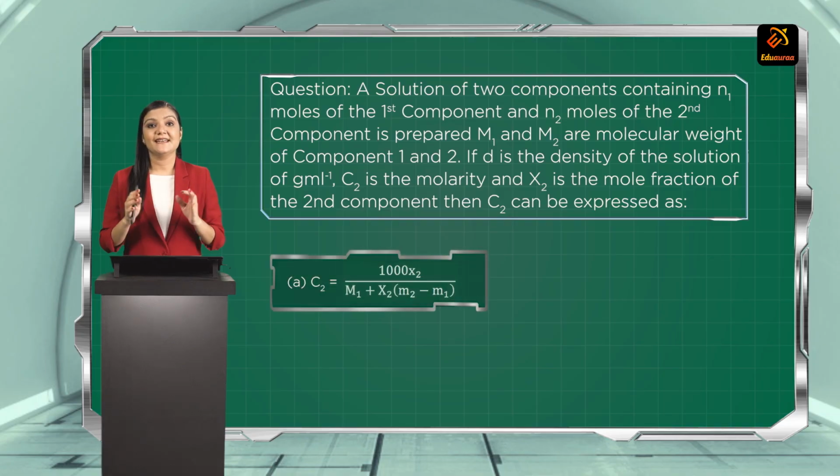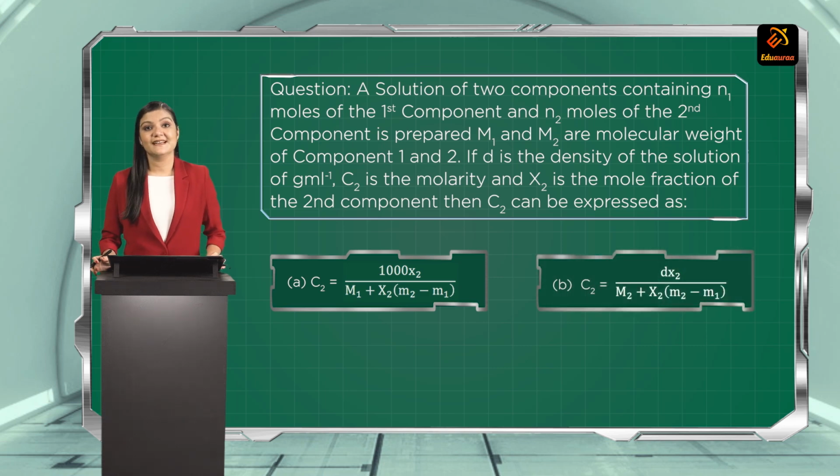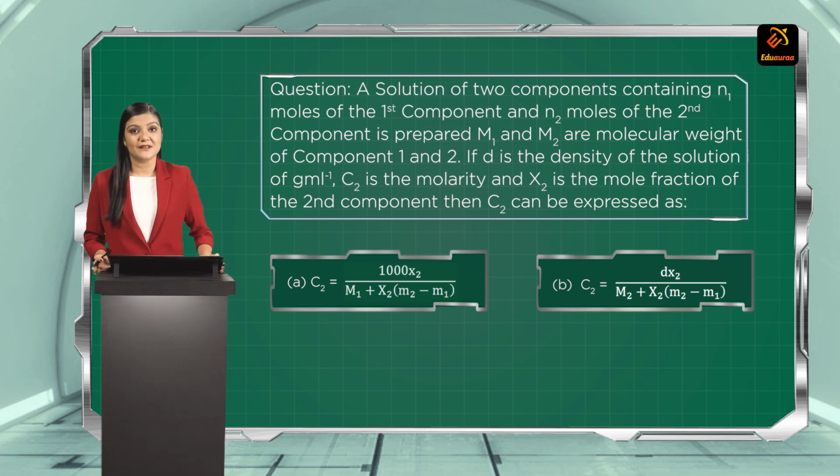Option A, C2 is equal to 1000 x2 divided by M1 plus x2 (M2 minus M1). Option B, C2 is equal to d x2 divided by M2 plus x2 (M2 minus M1).